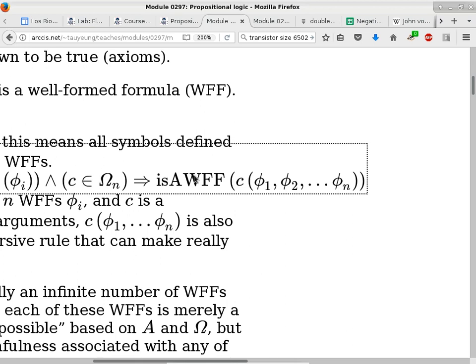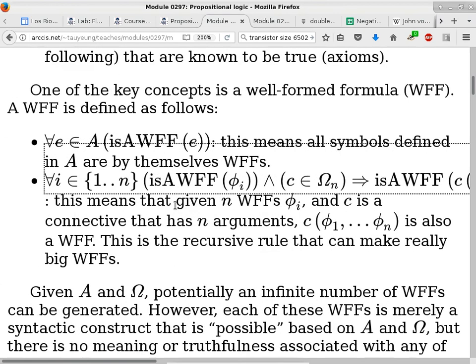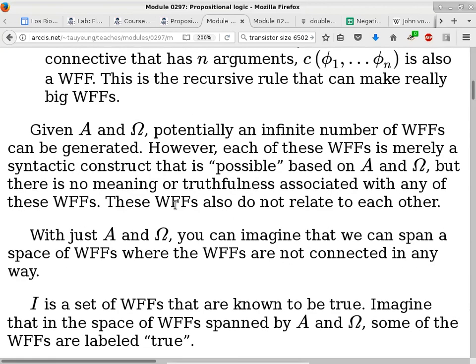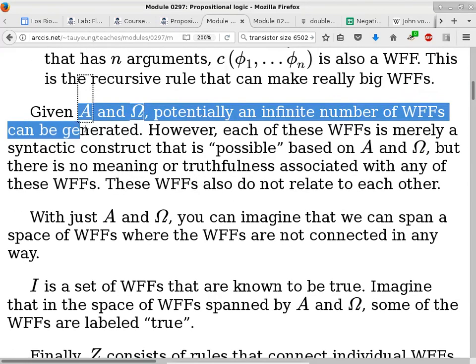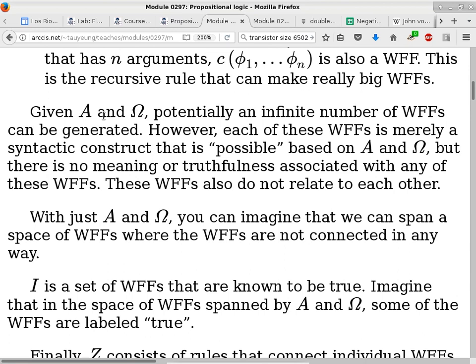Is that okay or not? I'll give you some specific examples later, so hopefully that will help. So just given alpha and omega, remember what alpha is? It's all the basic alphabet that you can use. And given omega, which are all the operators, you can have an infinite number of well-formed formulae that you can just generate. I'll give you an example.